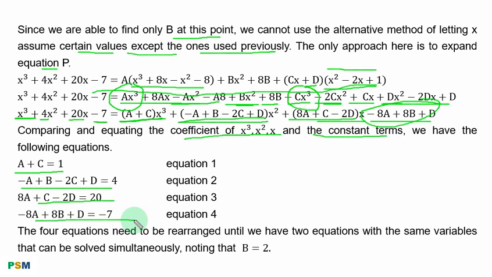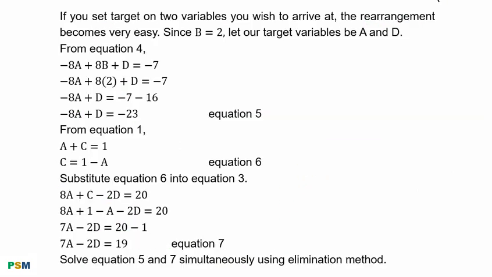The 4 equations need to be rearranged until we have 2 equations with the same variables that can be solved simultaneously, noting that previously b is equal to 2. If you set targets on 2 variables you wish to arrive at, the rearrangement becomes very easy.